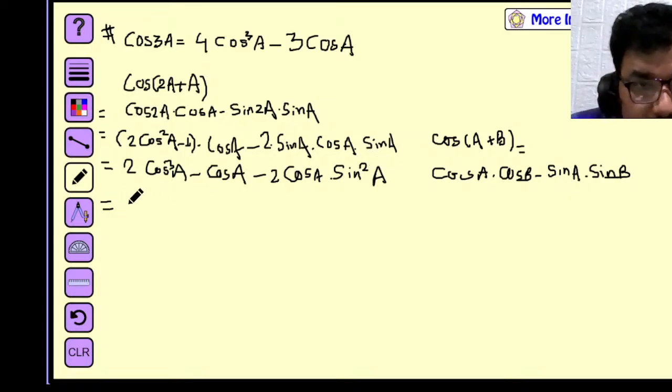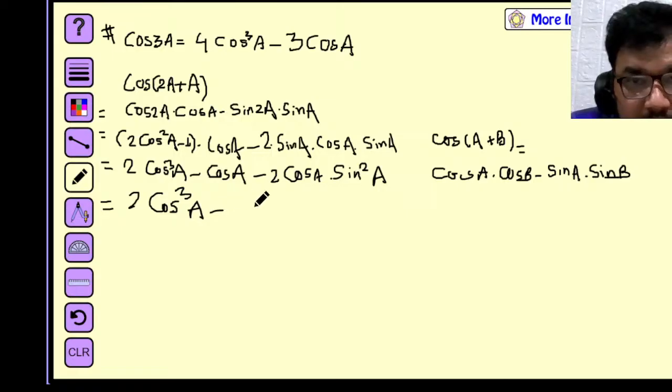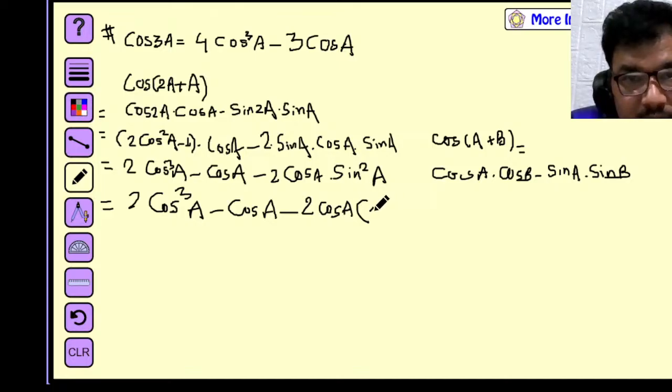Then it will be like this, look: 2 cos cube a minus cos a, and minus 2 cos a into, in place of sin square a, now we have to use 1 minus cos square a, because we are bringing all the values in terms of cos.